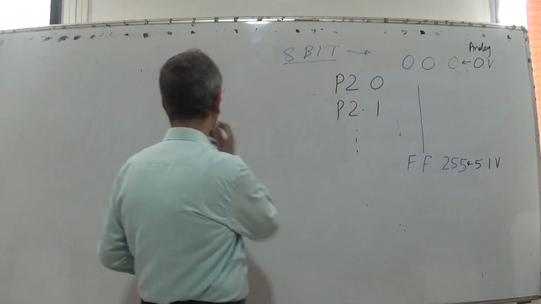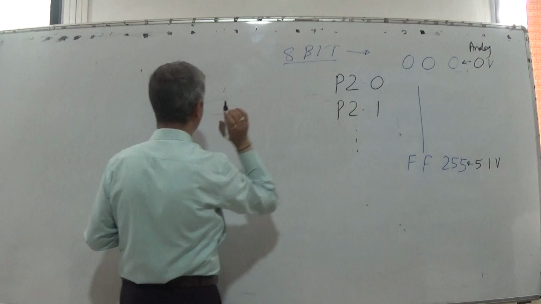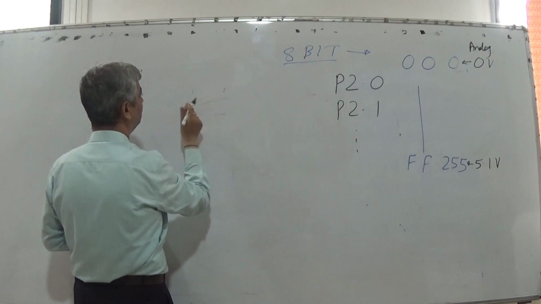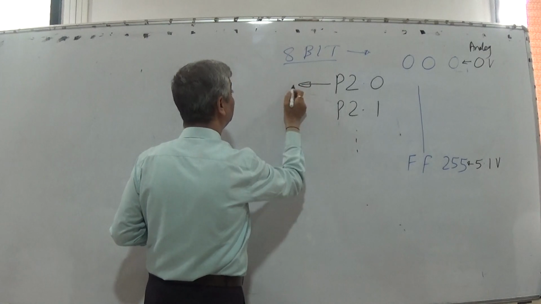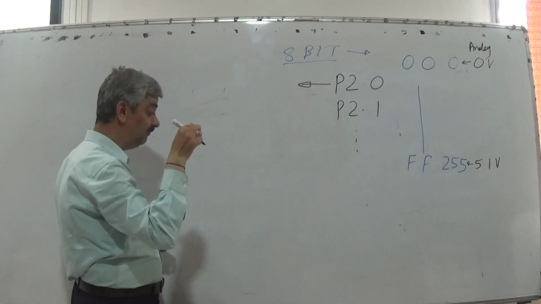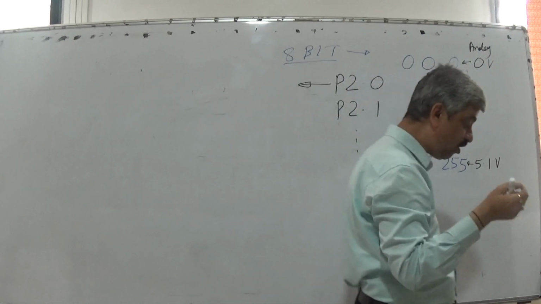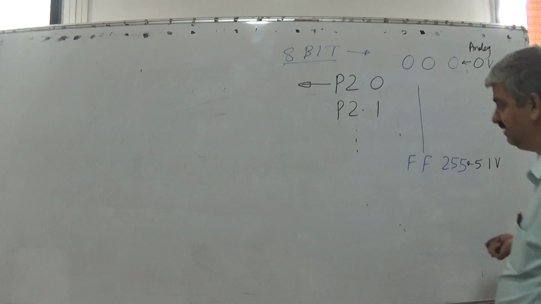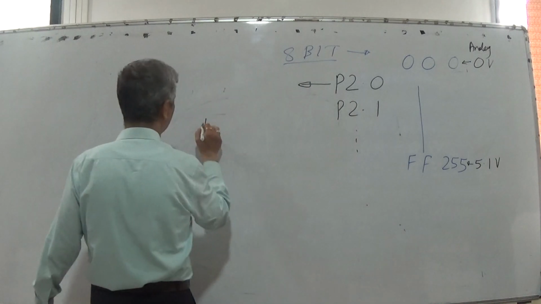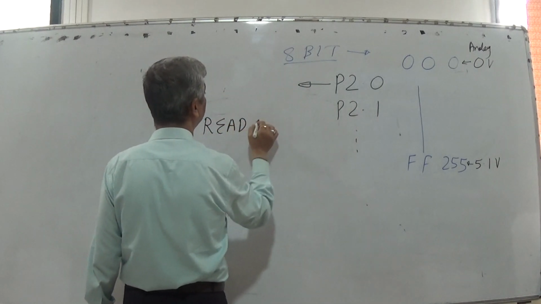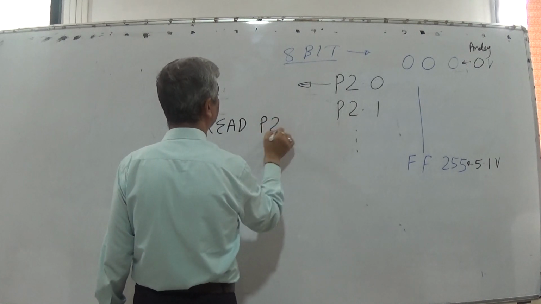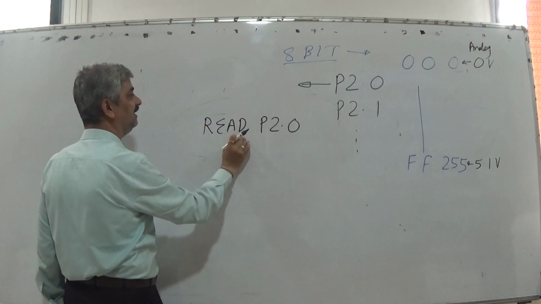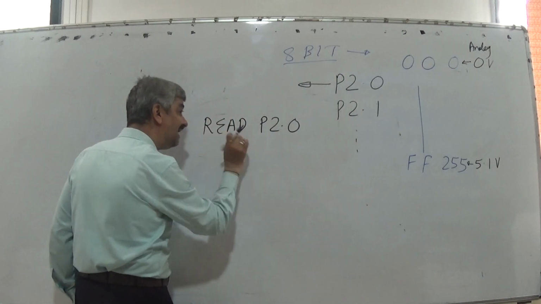Say for example, P2.0 is the ADC pin. This is one pin, the analog input pin of the microcontroller, which will have some value between 0 volts and a maximum of 5.1 volts. When I read this pin, suppose this is the instruction, read P2.0, this process will give me an 8-bit value.